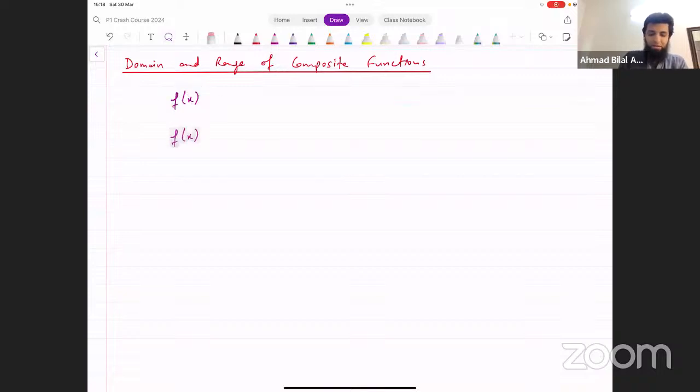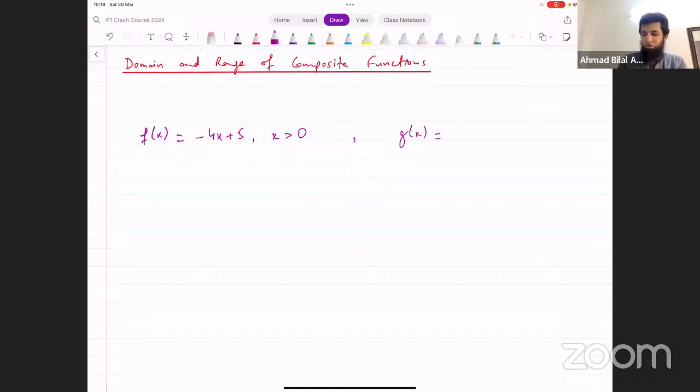and f of x is, let's assume, a linear function like this: minus 4x plus 5. And the domain of f of x is x greater than 0. Let's assume this is the domain of f of x. And we have another function g of x, and that is a quadratic function that looks like this: minus x squared plus 2x plus 2.